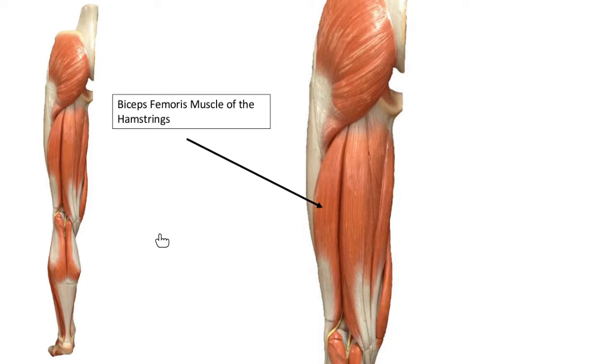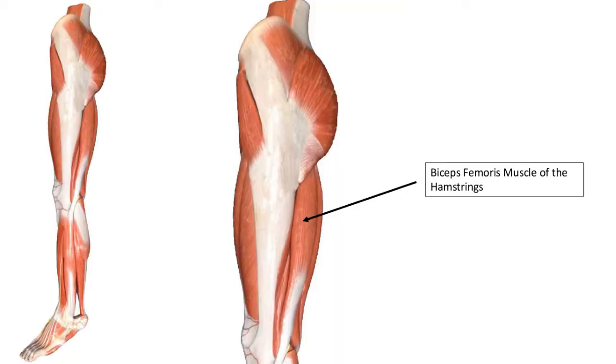Again, if you're not quite sure where it is, you can look at this zoomed out version. Here's the gluteus maximus muscle. There's the spine. Here's the iliotibial tract. You can't really see it very well, but the little toe is over here. All that's on the lateral side. Biceps femoris muscle.